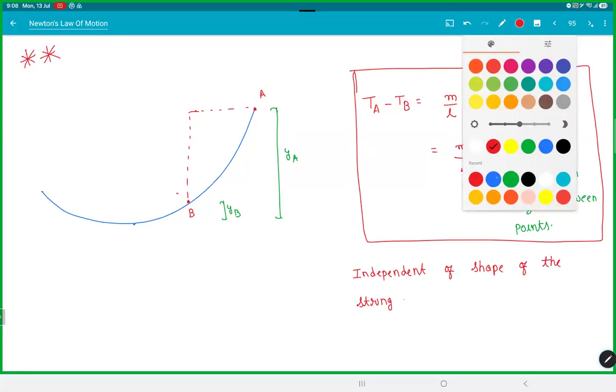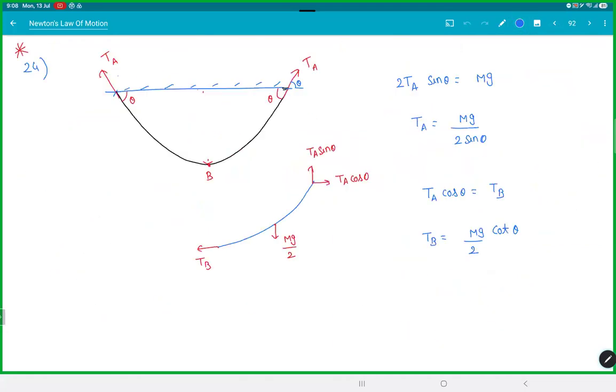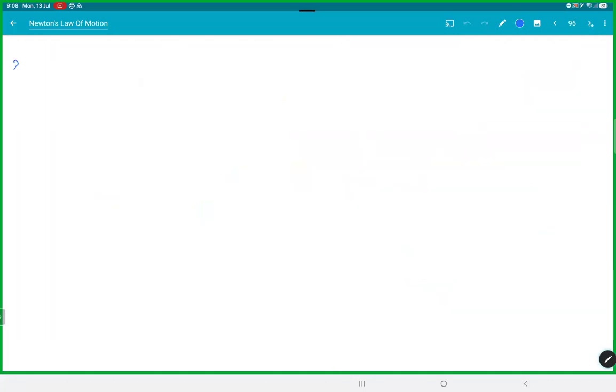So let's play around with this a bit more then. This can be extended to a problem like this. Let's say we have a sphere. This is a fixed sphere, a fixed smooth cylinder. Someone took a rope.